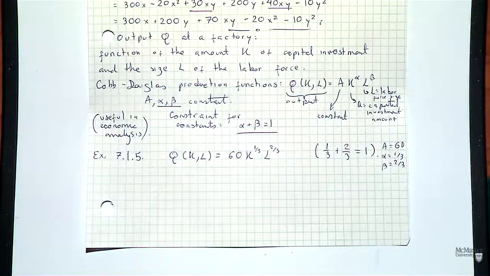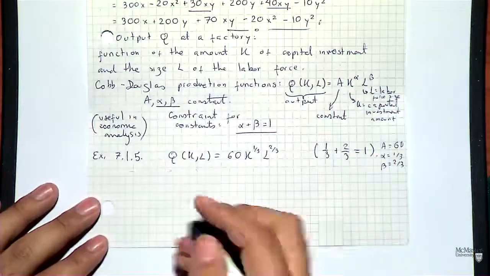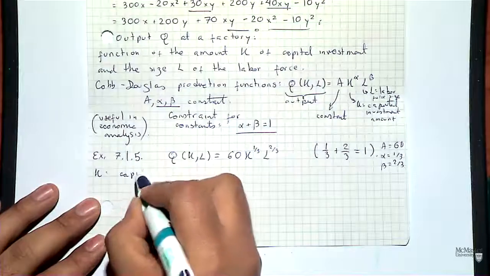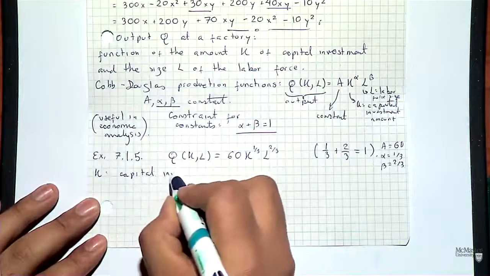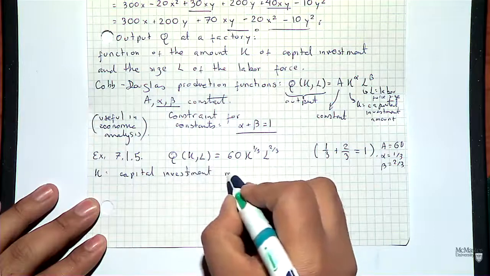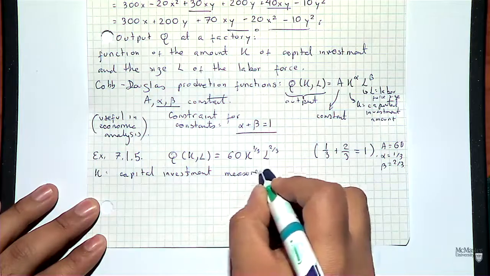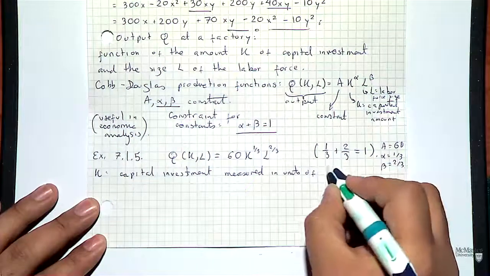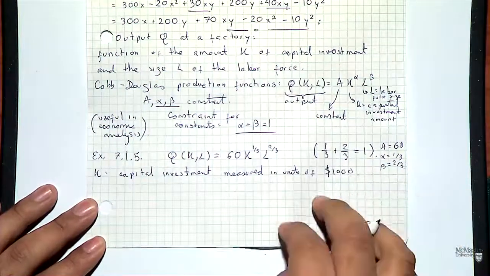And it follows the constraint that we have assumed. There are some details though about the units. So for K, it is the capital investment, but it is measured in units of $1,000.